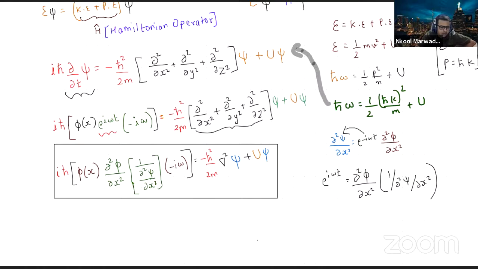Now we can also discuss method number 2. There are 2 methods to do this.